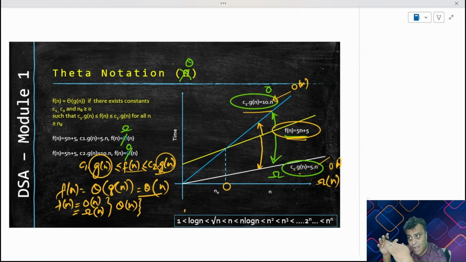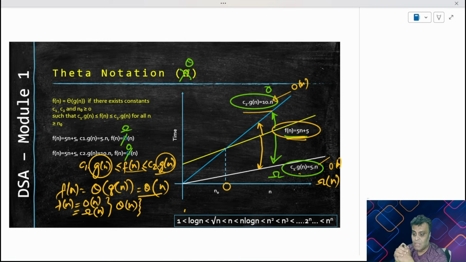So you already had a polynomial which was following a linear complexity class, and then you said give me the upper bound, lower bound. As I said, if you have something which follows a complexity class, then the upper bound will also be that complexity class, the lower bound will also be that complexity class, and therefore the tight bound will also be that complexity class, because it follows g(n).